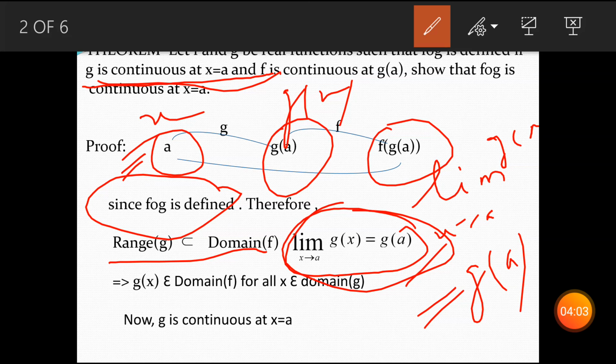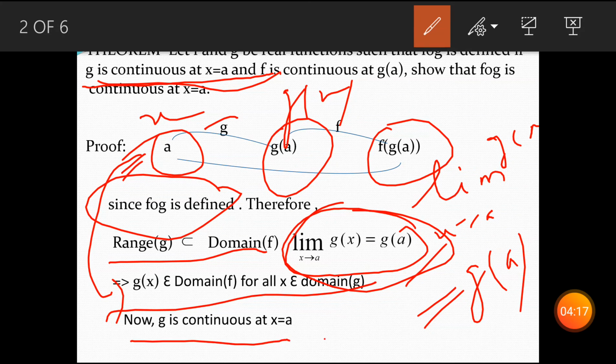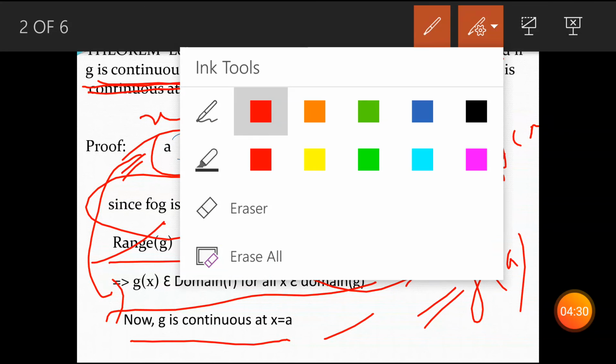So they have said that g(x) belongs to the domain of f for every x belonging to the domain of g. That is obvious; from this diagram you can conclude this. So g is continuous at x equals a. Now two things we have already sorted: f of g is defined, so we got this result, and g is continuous at x equals a, so we got this result.